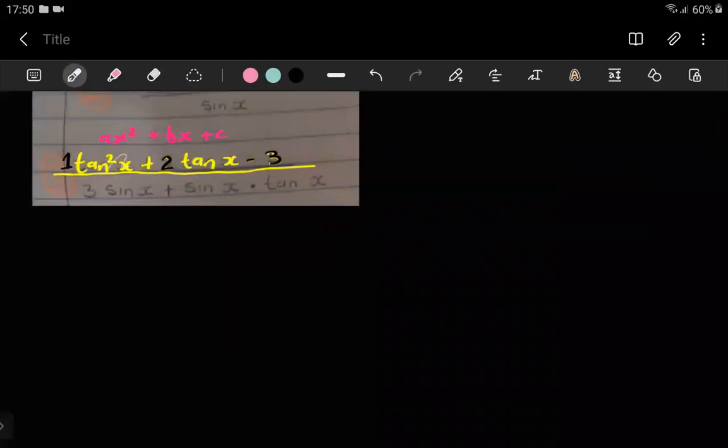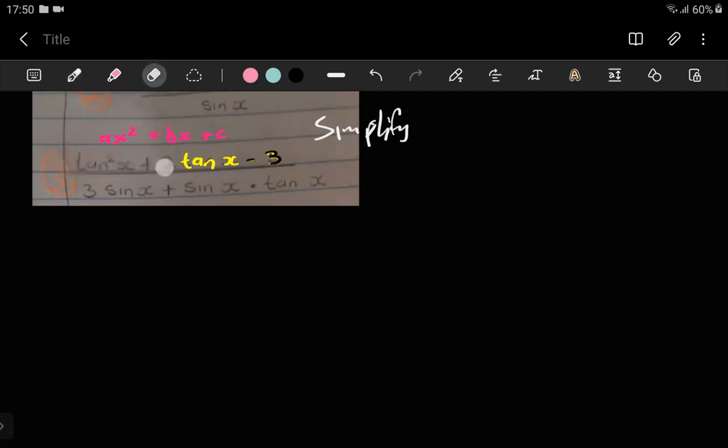So it says here 10 squared x plus 2 10x minus 3 over this whole thing. They basically want us to simplify this expression. If we're going to simplify it, the one thing we need to keep in mind, as we mentioned already, is that for the top part we don't want to jump straight into changing to sine over cos, because the format is not very conducive to change.